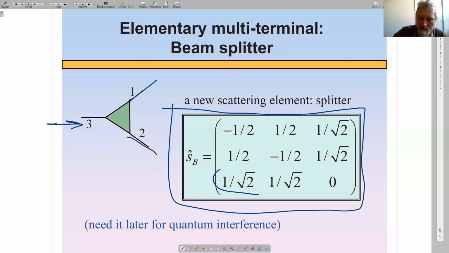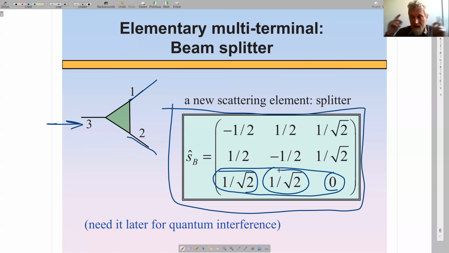Look at this row, right? This means no reflection. This means transmission amplitude to 1, transmission amplitude to 2. We square it, we have 1/2, equal probabilities to go up or to go down. Fine, that's what it does.